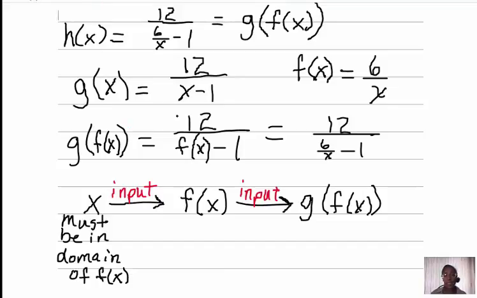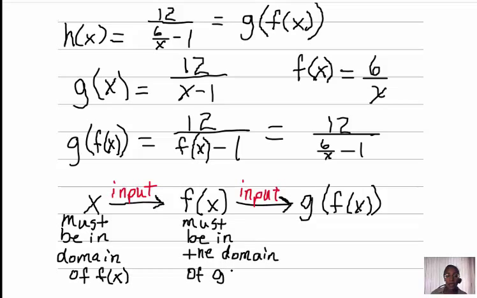Now what this means is that f of x must be in the domain of g. Whatever f of x is, it has to be a value that's in the domain of g of x.